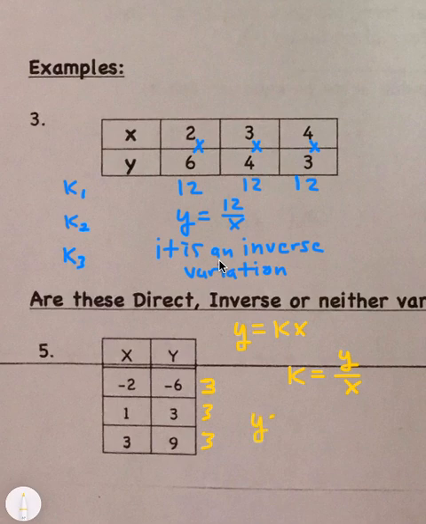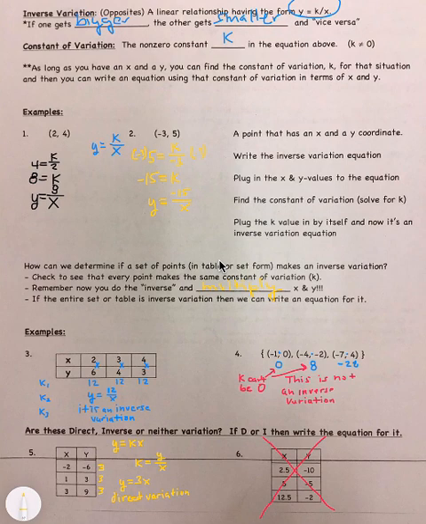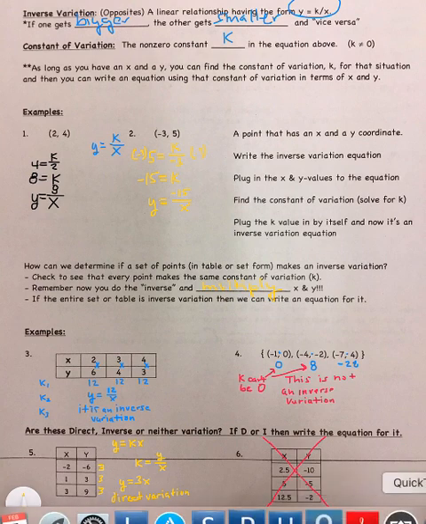So this equation is y equals 3x, and it is a direct variation. And there you go. So direct and inverse variation, pretty simple concepts, and hopefully now you feel the same way.